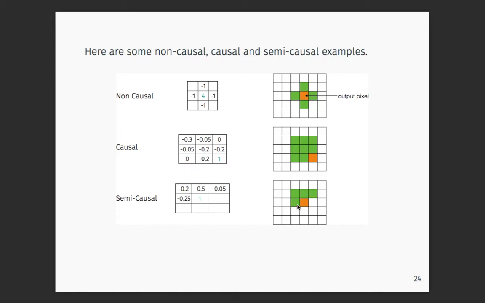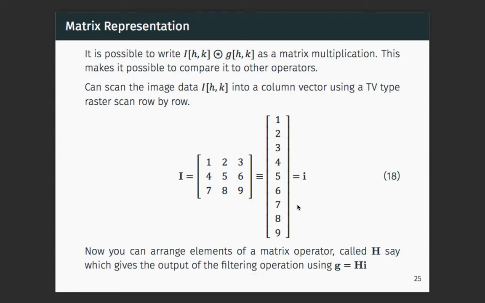It's a technical point, we're just trying to see what works and doesn't work when extending from 1D to 2D. Causal and semi-causal are not that much of an issue to think about in 2D because there is no such thing as past, really.